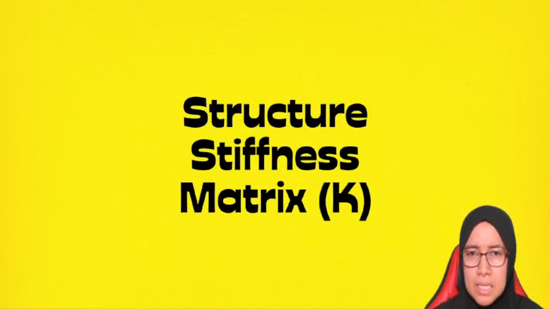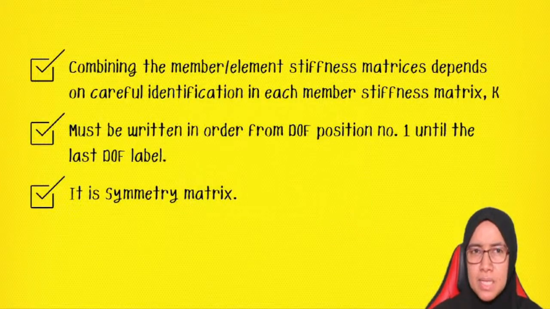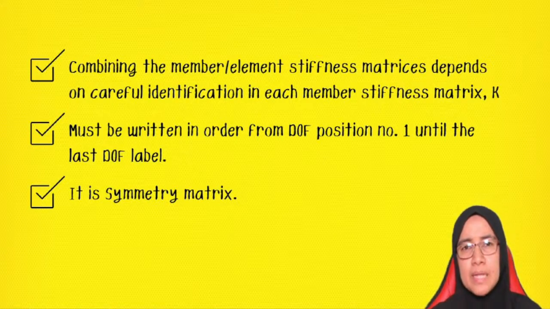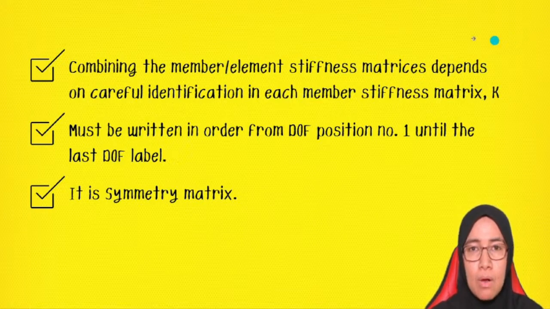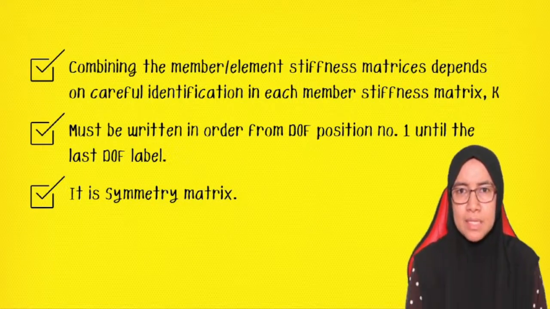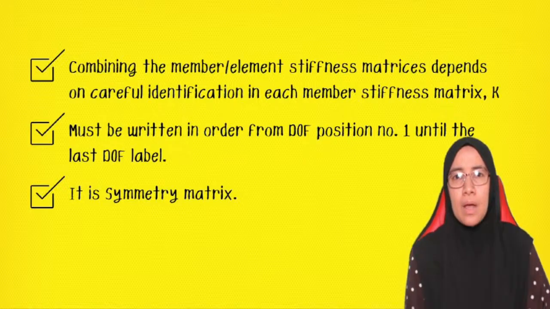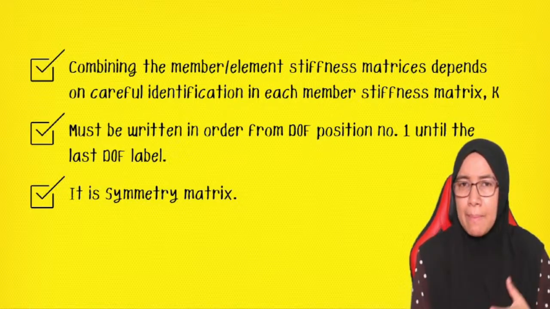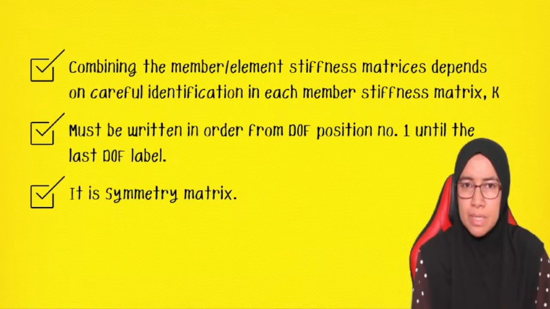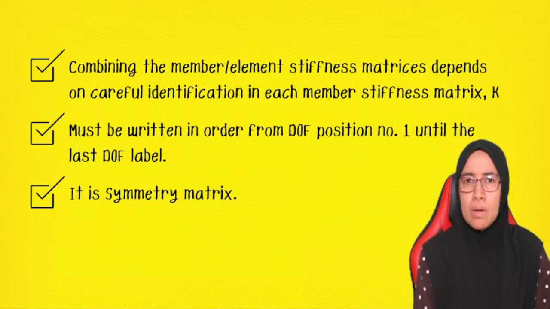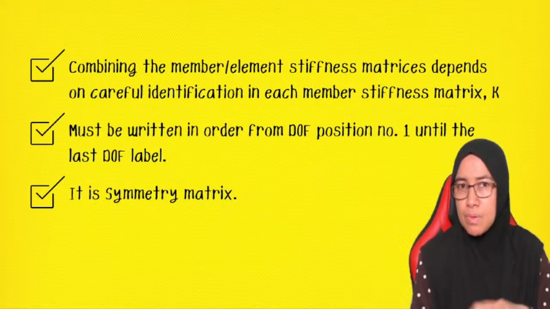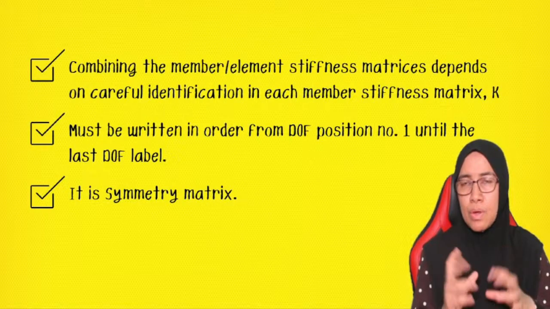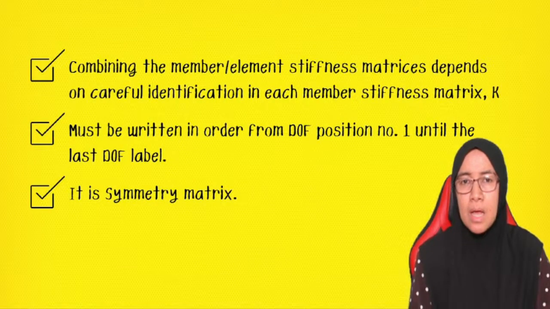Okay, next is the structure stiffness matrix. So what is the structure stiffness matrix? It combines the member or element stiffness matrices. Depending on the total number of elements in the structure, we combine all of them and we get what we call the structure stiffness matrix.